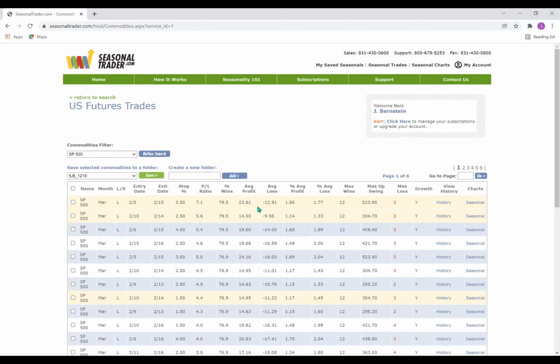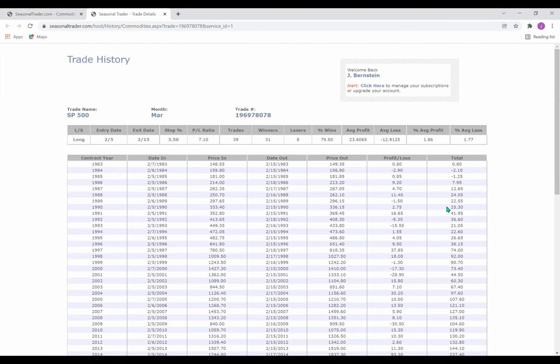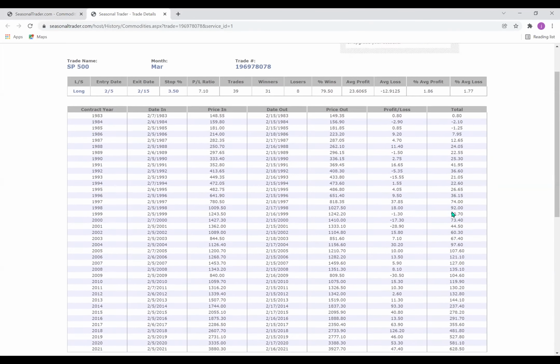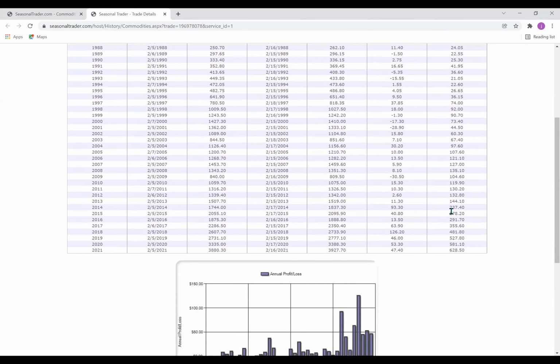So let me show you the track record. This is the important part right over here. Here is the track record, every trade, every year for the last 39 years. So we have a very impressive track record, like so.